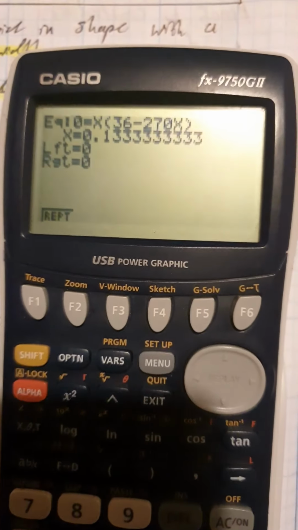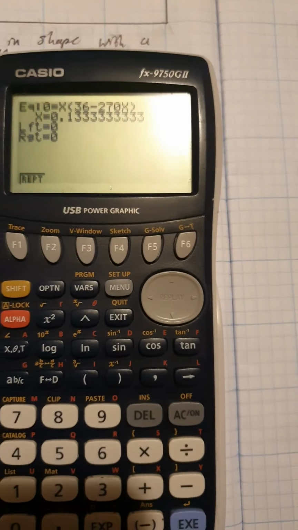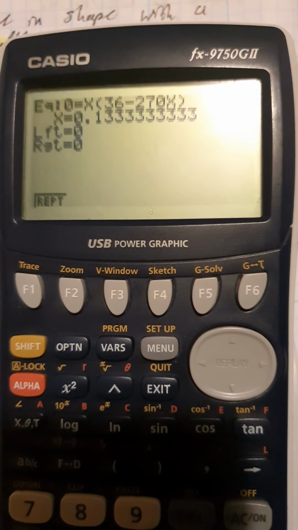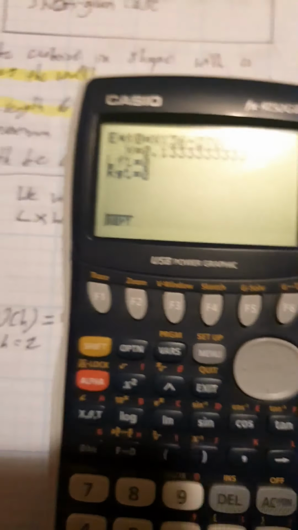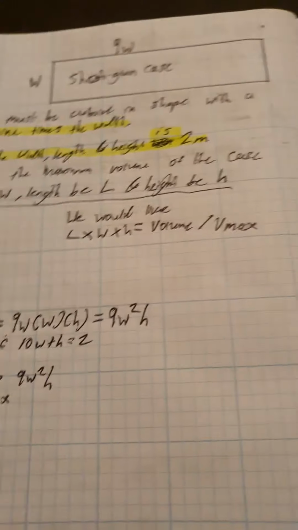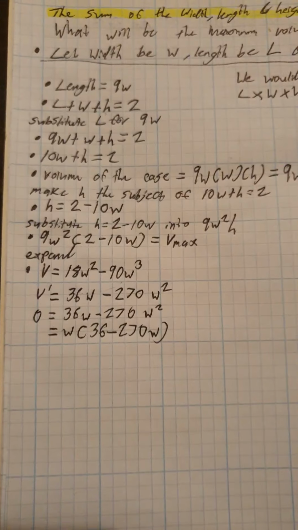Okay, cool. So we'll end up with this number here. Now, what could that be in fraction form? That would just be 2/15. Yeah, 2/15. So we know that W equals 2/15.